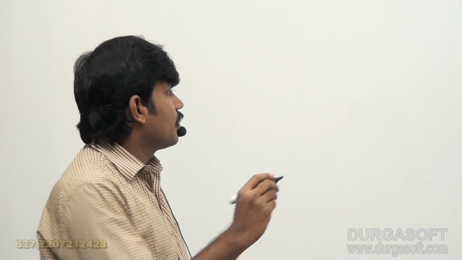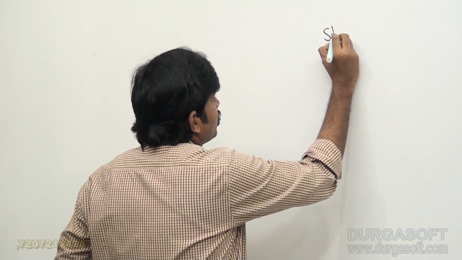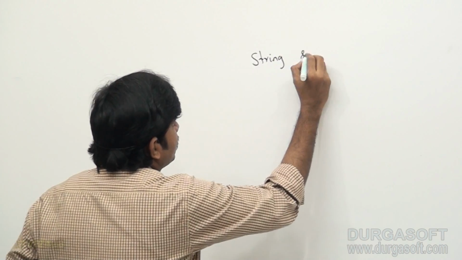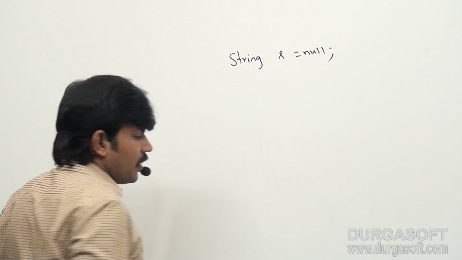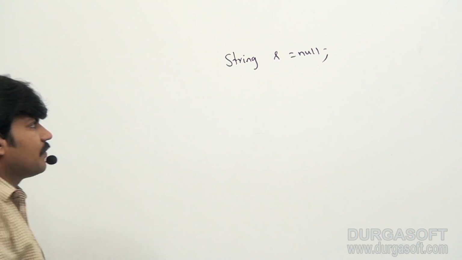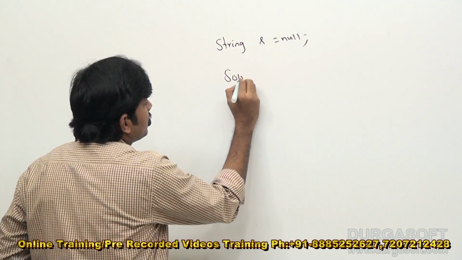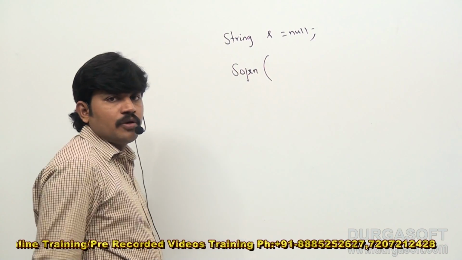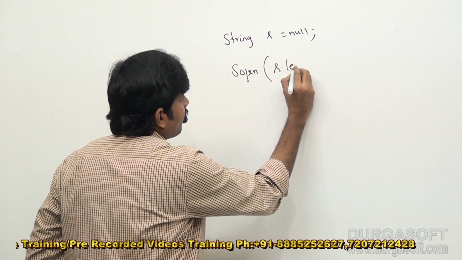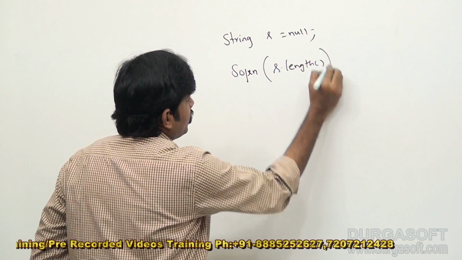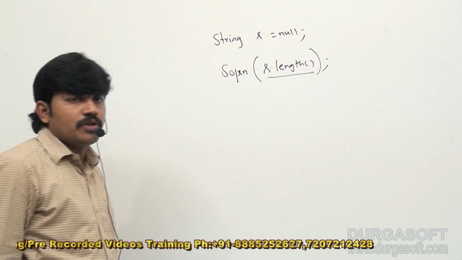Very simple, sir. Take String s is equal to null. Now I am asking System.out.println, O string, what is your length? I want to find the length of the string.